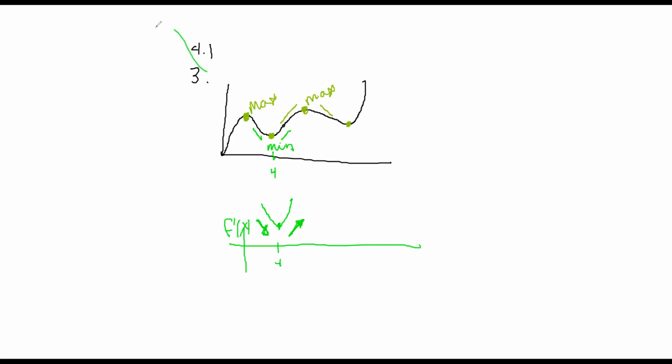Whereas if we were to go over here, and we're going to call this 0.9, the derivative is positive this whole way, but then at 0.9, the derivative switches to negative. So you can kind of see there's a max there. And basically, critical point is just the generic term for anything that is a max or a min.